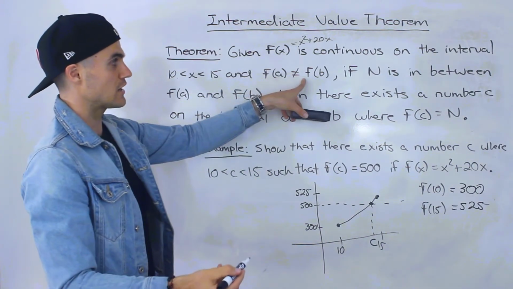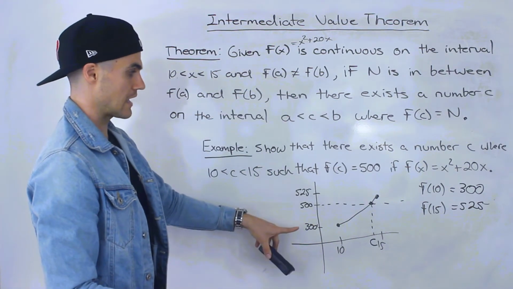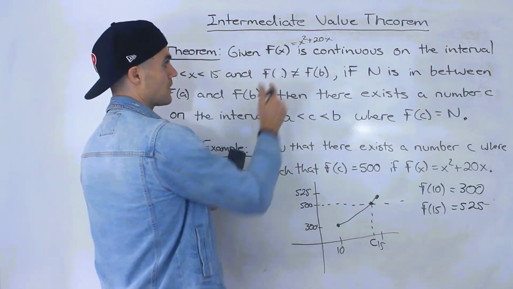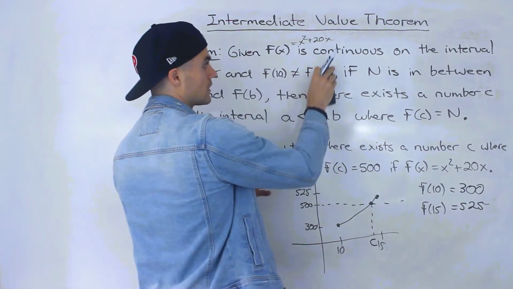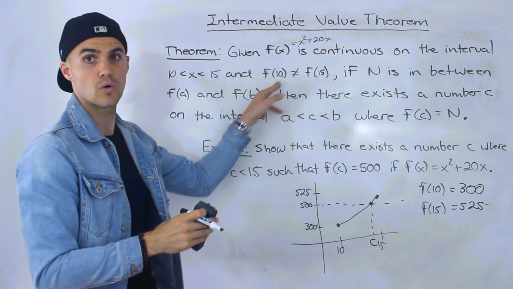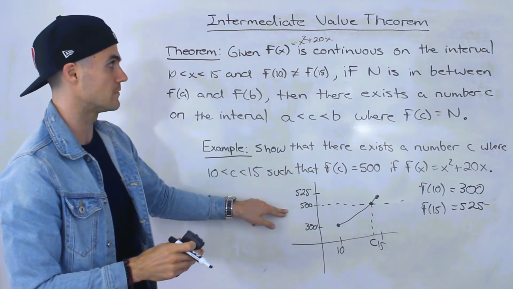And f of a does not equal f of b. We know f of a is 300, so instead of a, we have a 10 here. F of 10 is 300. F of 15 is 525. Those two y values don't equal.